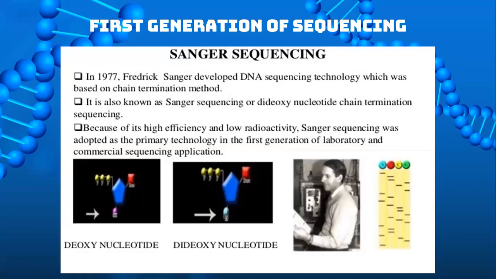This technique was also known as the Sanger sequencing technique or the dideoxynucleotide chain termination technique. So this technique was used for commercial sequencing applications as well as in laboratories because of its high efficiency and low radioactivity.